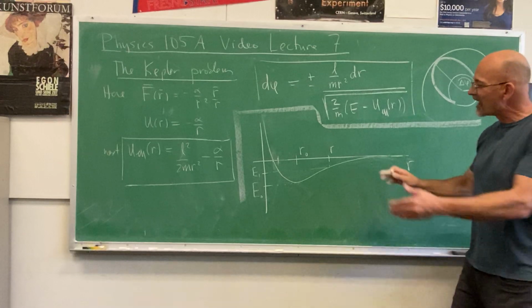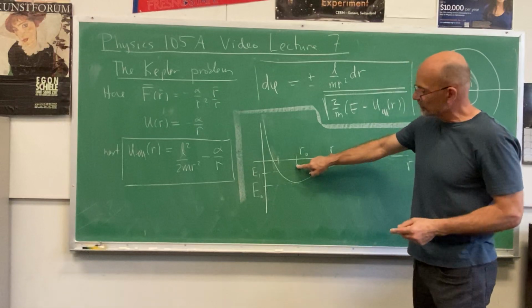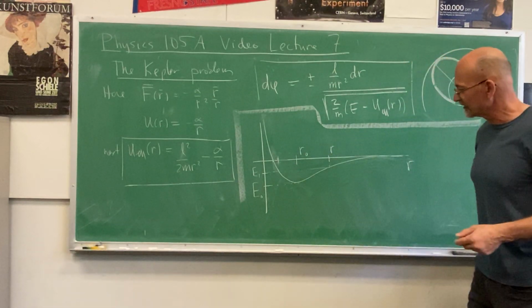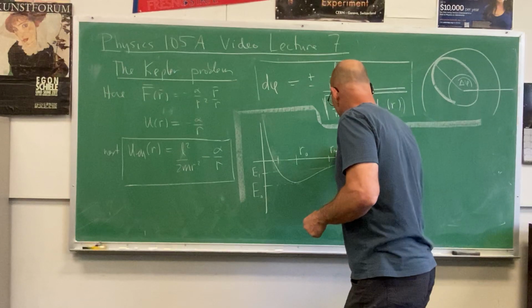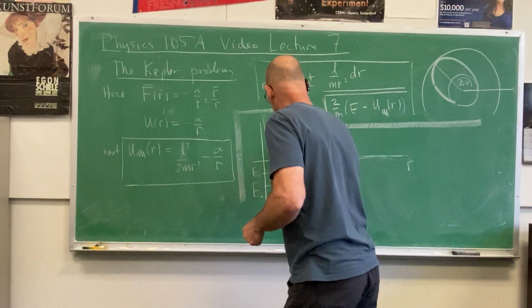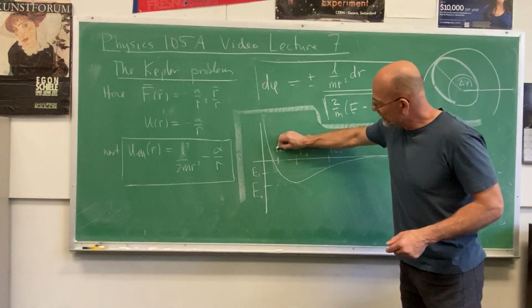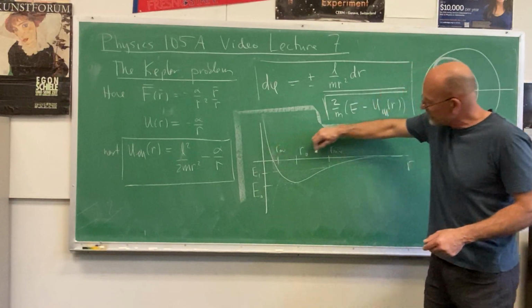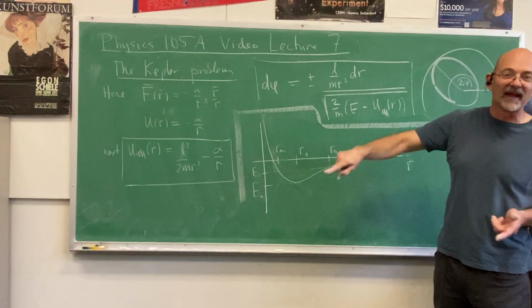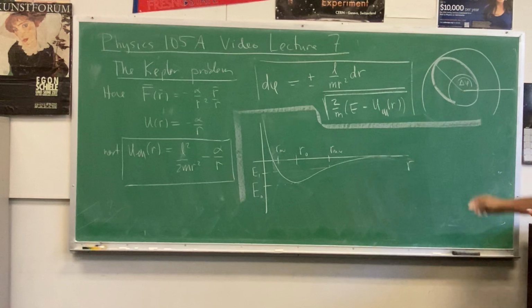And you'll see that they're not symmetric about the circular orbit value. So there's the R min and the R max. And this is as we discussed before. That means that the value of R is going to oscillate between its minimum value and its maximum value as the orbit takes place. It's going to go from minimum to maximum.